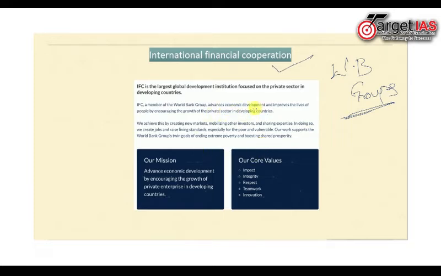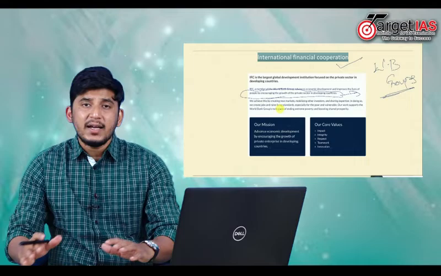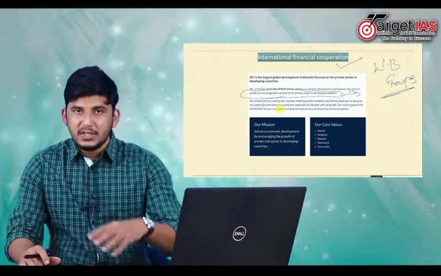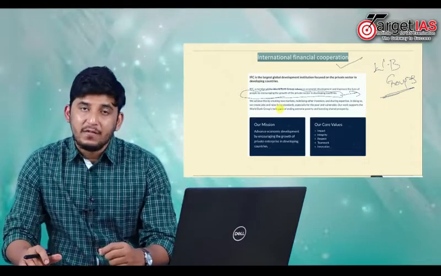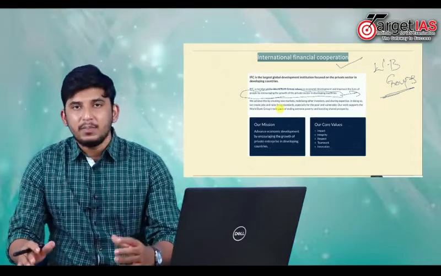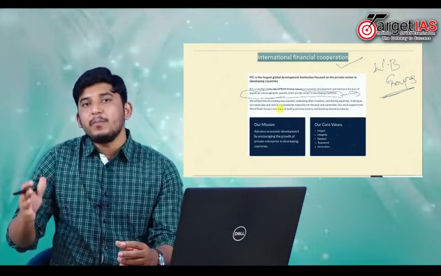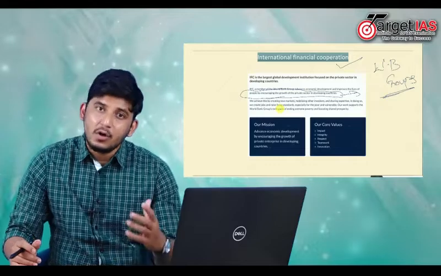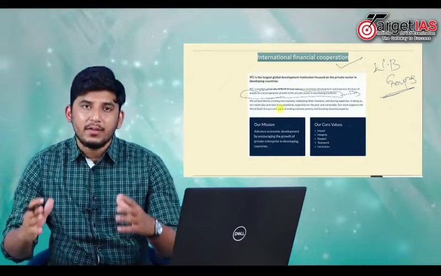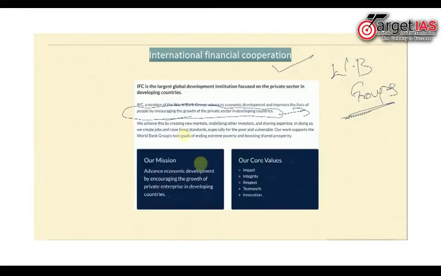Its primary objective is to encourage the growth of the private sector in developing countries, because developing countries were affected by the policies or by the surplus infusion of money from the developed countries. It's as simple as factors of production are generally higher in developing countries than the developed countries. In order to give a helping hand, these institutions come into the picture.